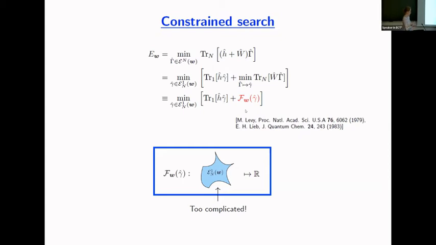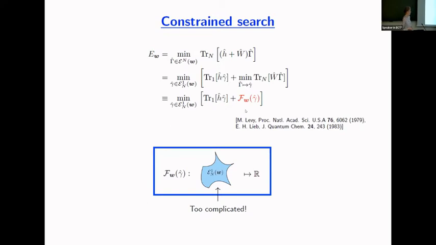Then here I just wrote my Hamiltonian as h plus W. We can split the trace at the plus sign such that the first term reduces to the trace over only one particle. And then for the second term involving the interaction, we also split the minimization such that we first minimize over density operators mapping to a given one-RDM, and then afterwards we minimize this entire expression over all one-RDMs. And then as in ground state RDMFT, we can identify the second term as our universal functional F.